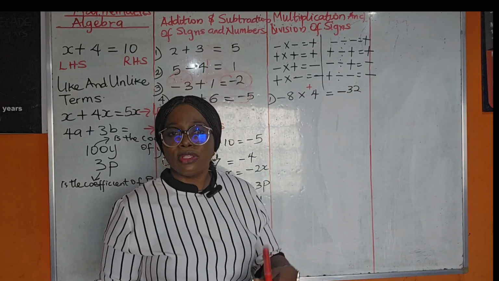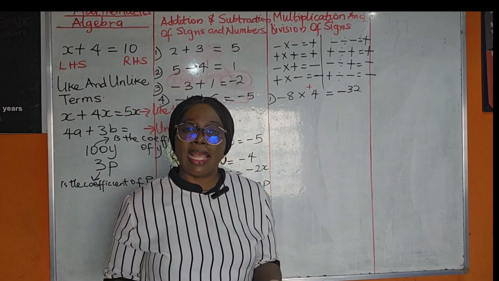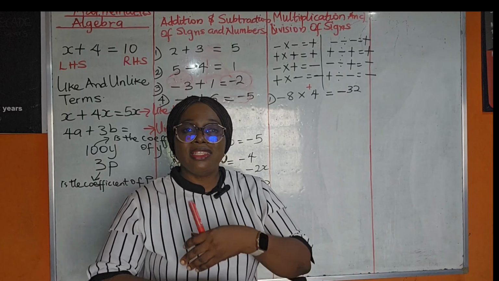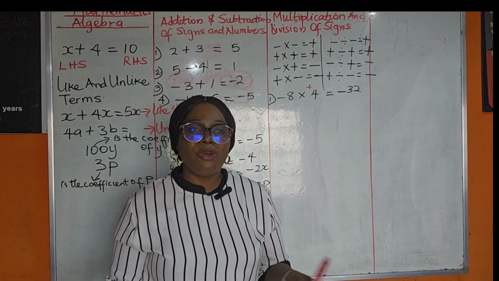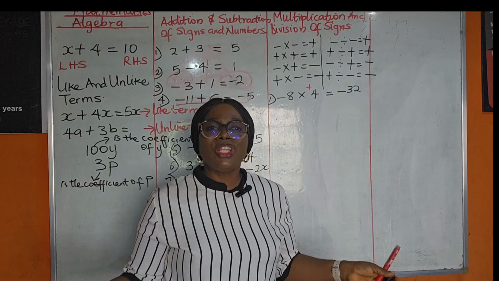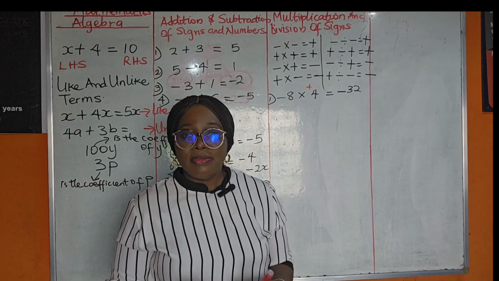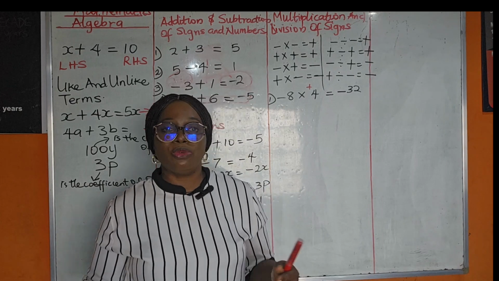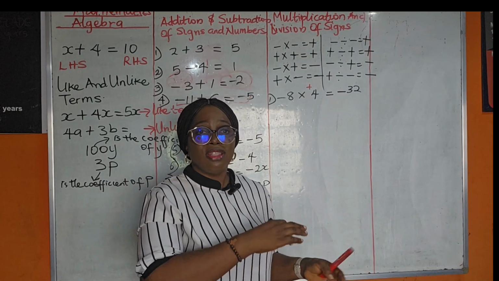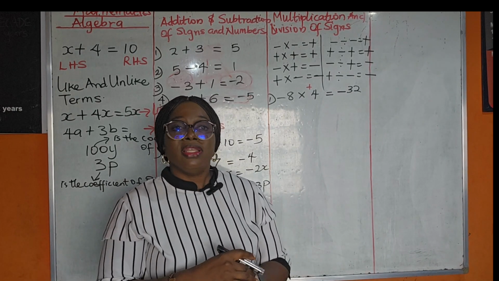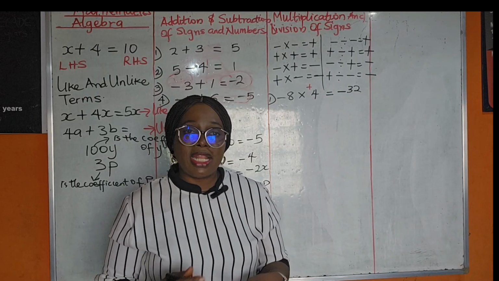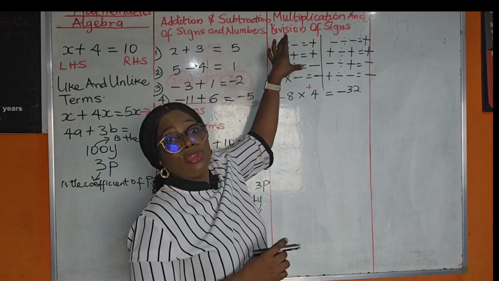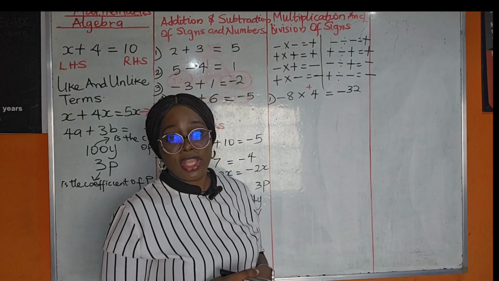So from today henceforth, you shouldn't be scared about multiplying signs. In algebra, you're going to be solving different numbers. They come with different signs, so it's going to be flooded everywhere. I told you before that algebra is no respecter of signs. You are going to be working with addition, subtraction, invariably in any form and in any manner. But once you have known the laws, you can solve and get your answer correctly.